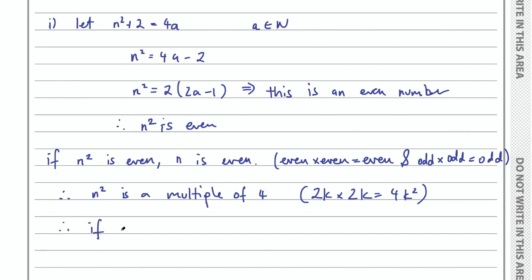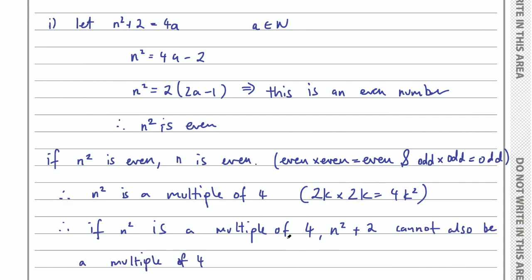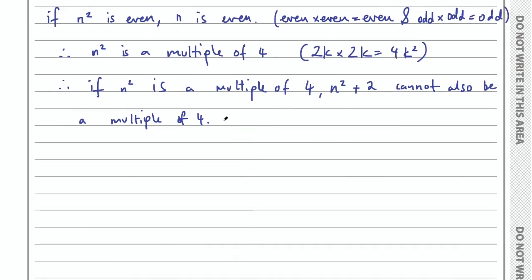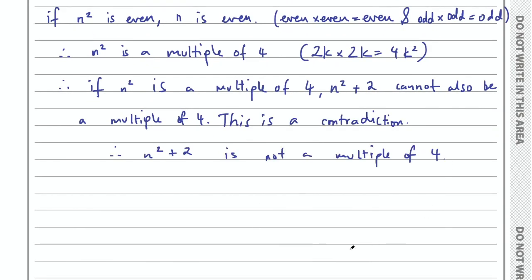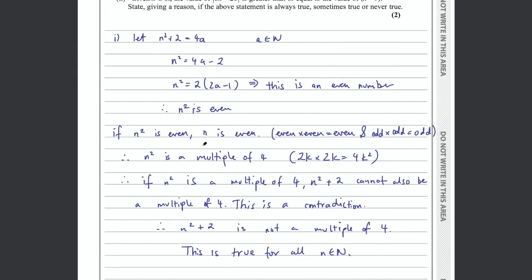So we would say if n squared is a multiple of 4, n squared plus 2 cannot also be a multiple of 4. If you have a multiple of 4, add 2 to it, it can't also be a multiple of 4. So then let's state this is a contradiction. And this is true for all n, belonging to the natural numbers, I should say. Okay, so that's the first proof by contradiction.